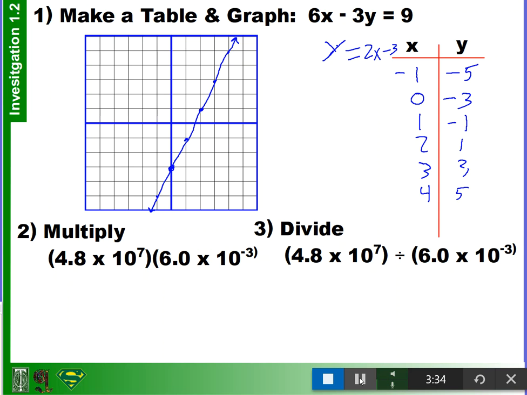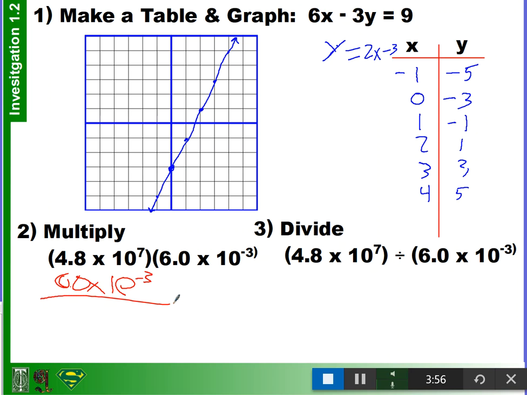Okay, so first, you can stack them to make it a little easier. I just stacked them, so 6x, and then 6 times 10 to the negative third.